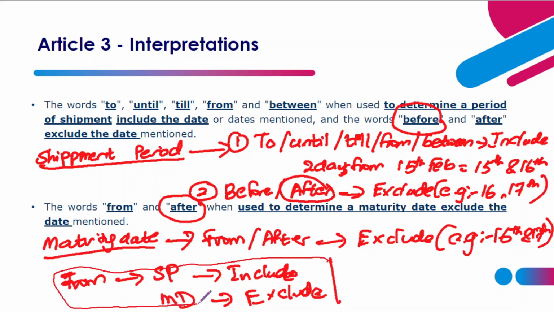Just make sure you write this down, so in case you get a question in relation to this, you can jot it down to recall your memory. If it's relating to shipping period, you will include. If it's relating to maturity date, you will exclude. So from has two meanings depending on what you are trying to determine.